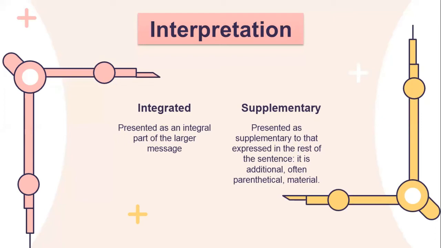The integrated is presented as an integral part of the larger message, but the supplementary is presented as supplementary to that expressed in the rest of the sentence. It is additional or parenthetical material.